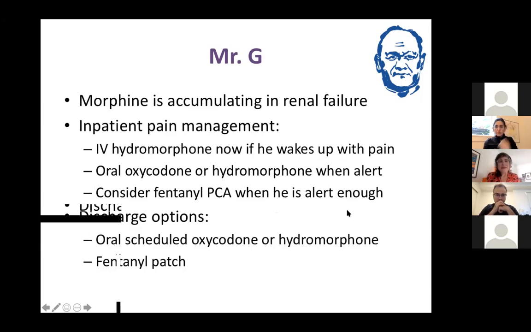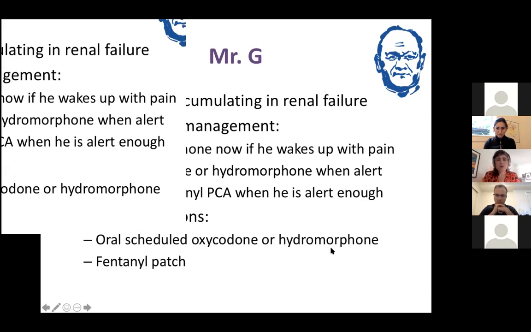I also might think about a fentanyl PCA, which would require a consult to palliative care or chronic pain, but it might be a really good option for him. In terms of what he could be sent home on, he could be sent home on oral oxycodone or hydromorphone or on a fentanyl patch.